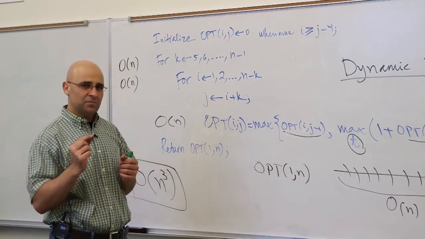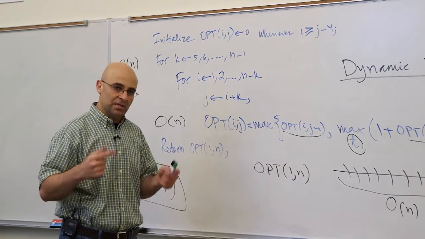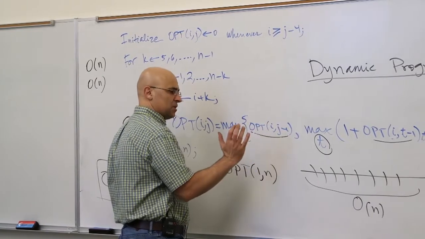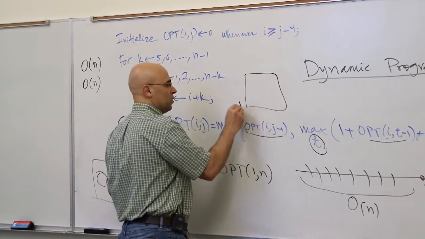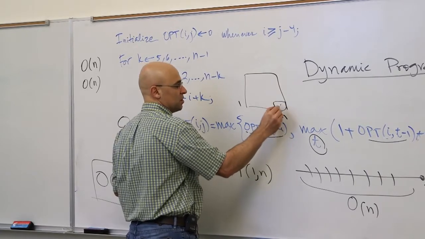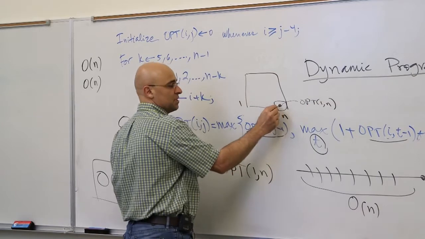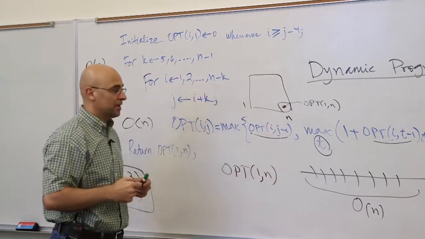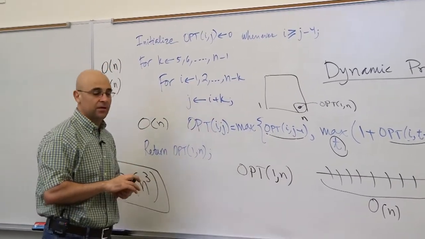But using the traceback technique, we can find the actual solution, not just the score of it. Okay? And the traceback is, remember that the matrix we built, 1n was here. This is opt of 1n. We start from this entry here and start doing a traceback to find the actual pairs that form the RNA secondary structure.